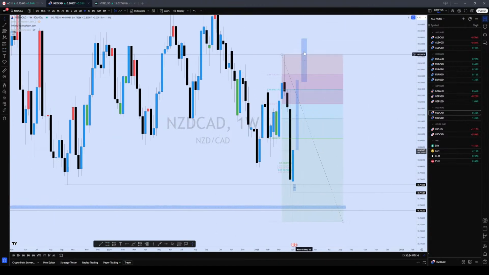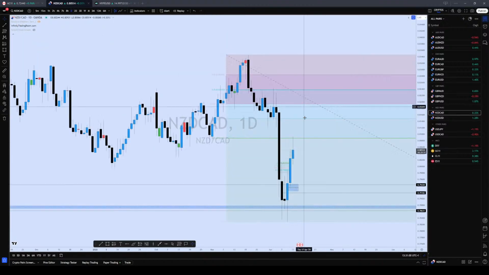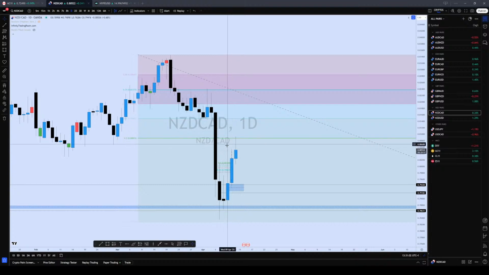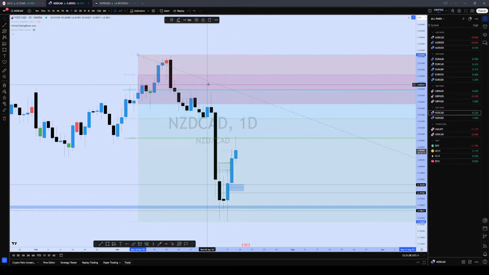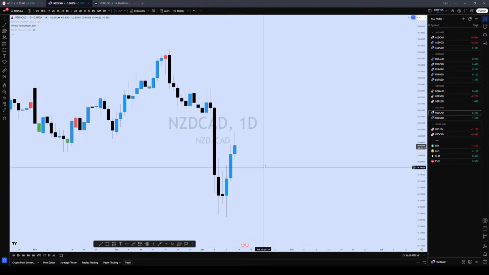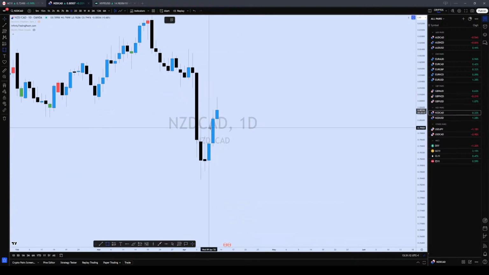Right, so let's see how next week is gonna trade, but just look at it from a daily perspective, and we want every single day to close above previous day's high. Currently, yesterday did close above previous day's high, so we do have a potential fair value gap over here.